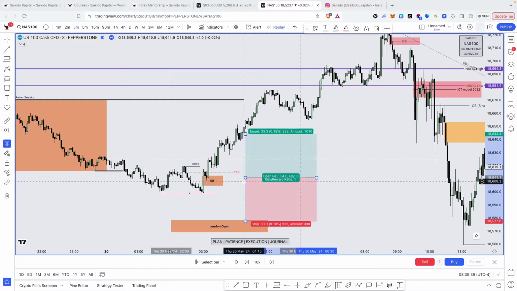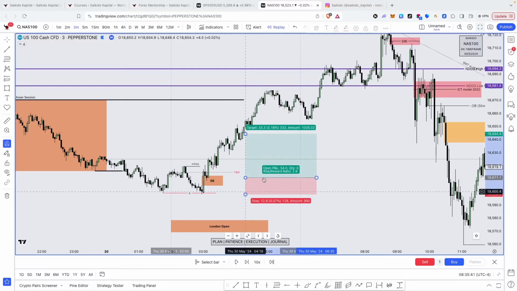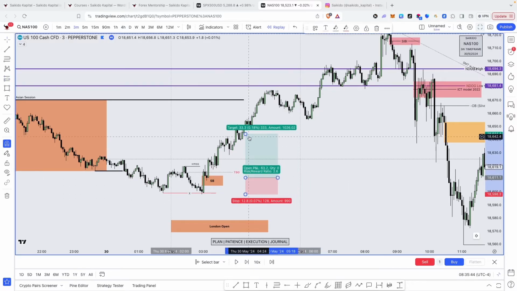I showed you how to place a stop loss. I think that's where it stopped. And then you can target the Asian highs. 1 to 4. You risk 1,000 to make 4,000 on your prop firm account, and that's how you print money. Yeah, I think that's where it stopped.